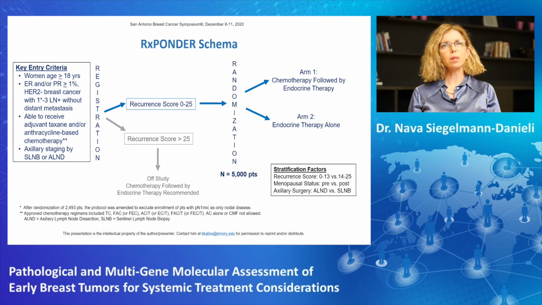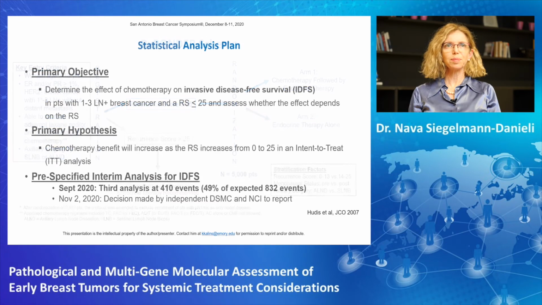If the recurrence score was over 25, they received chemotherapy. And if it was between 0 and 25, one arm received chemotherapy followed by endocrine therapy, and the other received endocrine therapy alone. And they recruited 5,000 patients to this study.